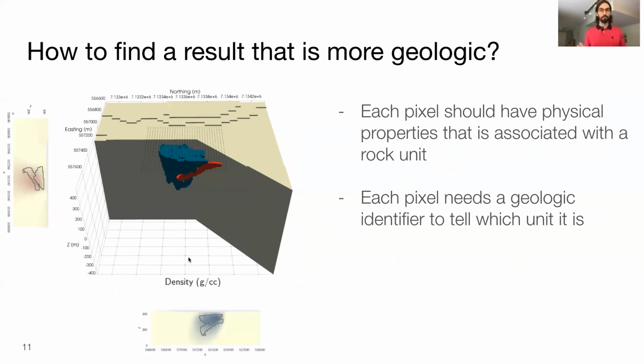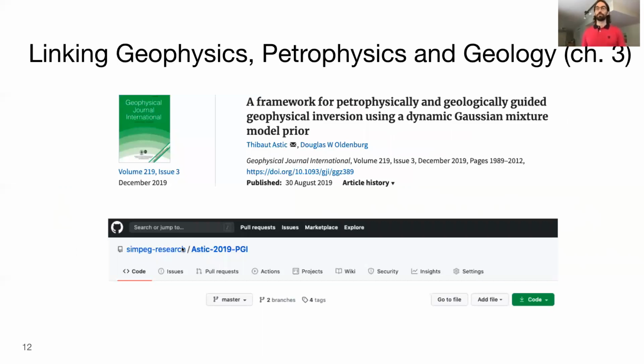I need each pixel or each cell of my model to reproduce physical property signatures that are associated with a known rock unit, and with that use it as a geological identifier to create a geology model from the inversion directly. So that's the start and motivation for the framework I've developed for linking geophysics, petrophysics, and geology. This framework was published last year in JGI, and it came with an associated GitHub repository for reproducing all the examples that are in that paper.